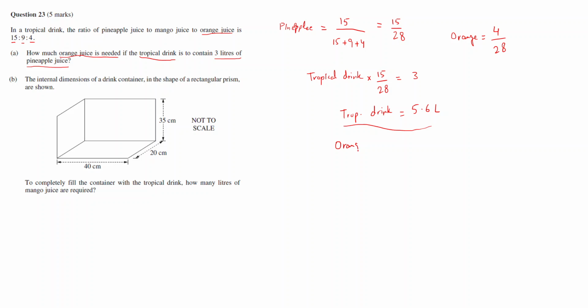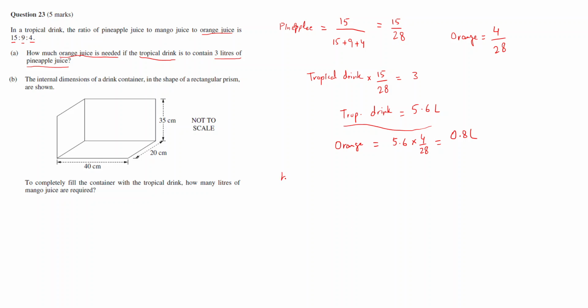So to work out the quantity of orange juice, all we need to do is multiply the total by 4 by 28. That will give you 0.8 liters of orange juice. So that's for part A.